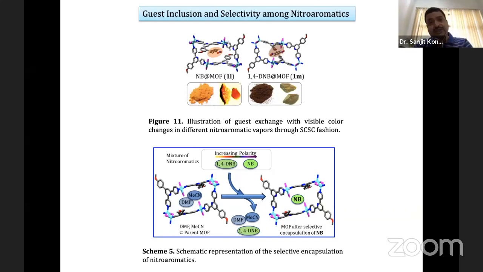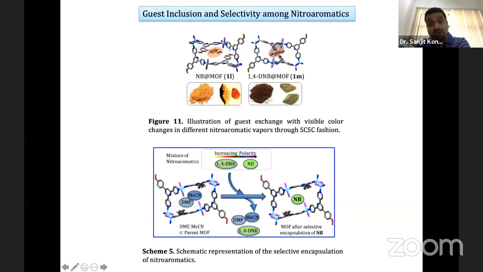But in our molecule, when you expose our framework, this is one unit of the pore. Don't get confused, I am not showing the whole framework. This is just a small unit. These are the copper, these are the ligand, and this is one unit. Now, when our MOF is exposed to nitrobenzene or 1,4-dinitrobenzene, both are nitroaromatics, but see the color change. Here it is almost red, and here it is green.